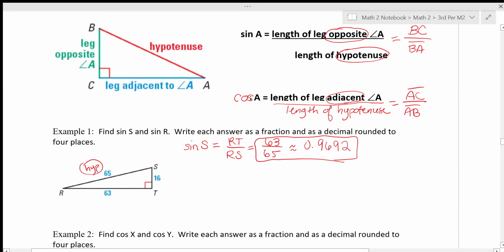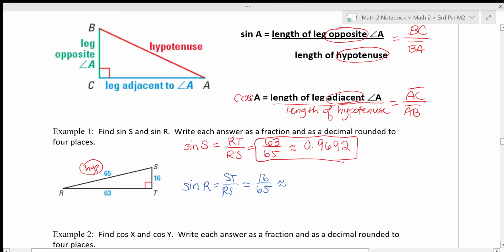Then for sine R, we do the same thing. Set up our fraction and plug in what we know. So the sine of R, again, is going to be opposite over hypotenuse, but it's the opposite of angle R, which on this triangle is side ST. So it's going to be ST over RS, opposite over hypotenuse, which would be 16 over 65. And again, those have no shared factors, so that is fully reduced.